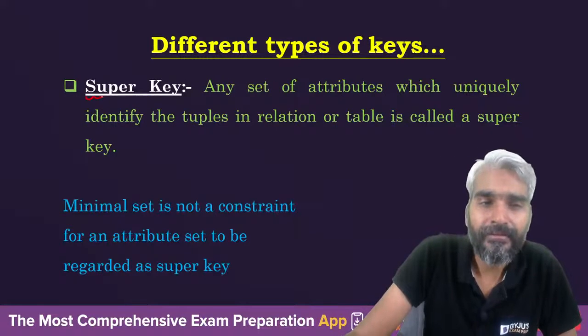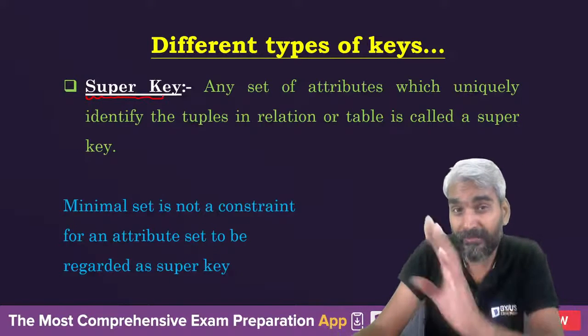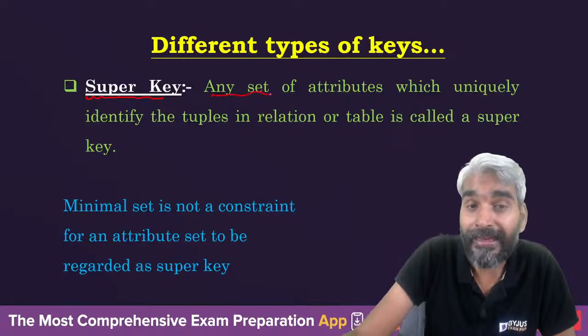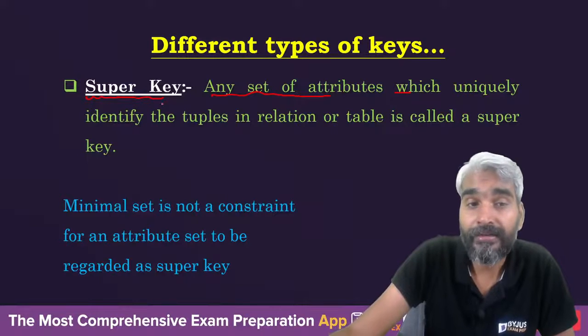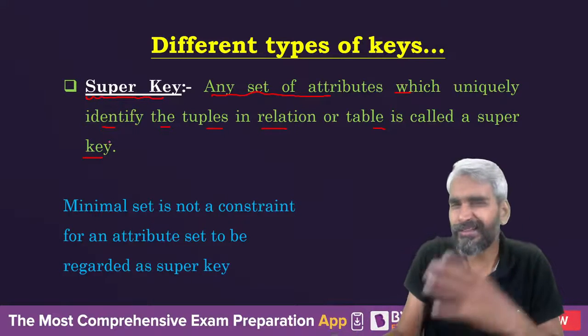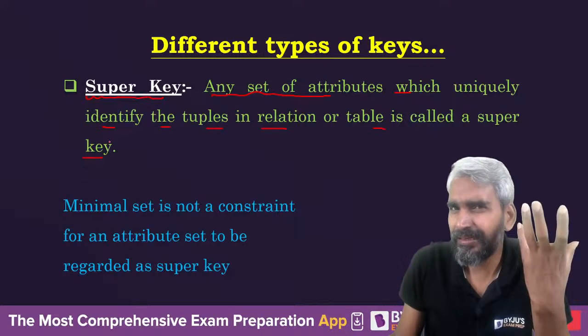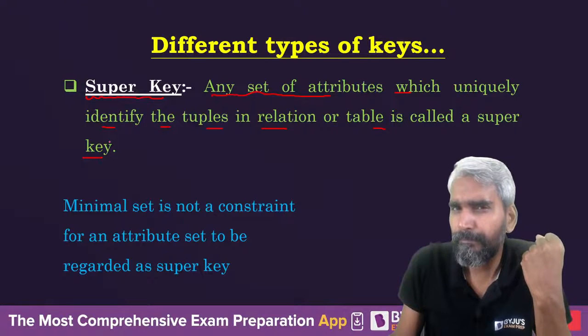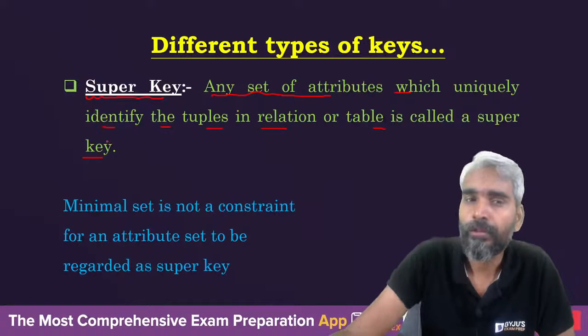Now what's a super key? Let's try to understand the definition of a super key. What does it say? Any set of attributes which can uniquely identify the tuples in a relation or table is called a super key. So is it not exactly the same as the candidate key definition? No. What did I say?